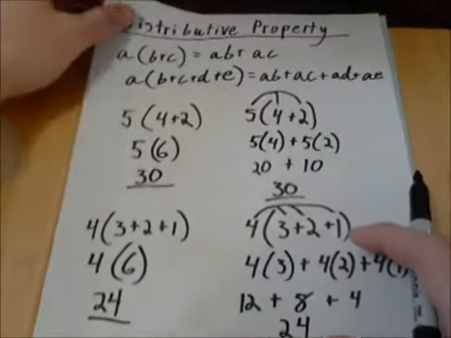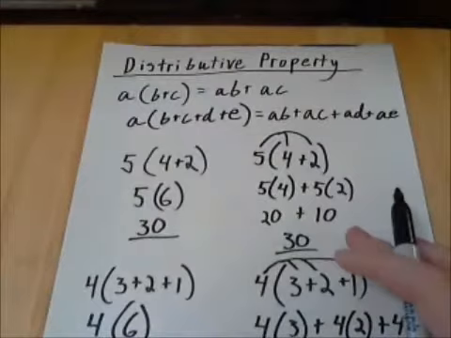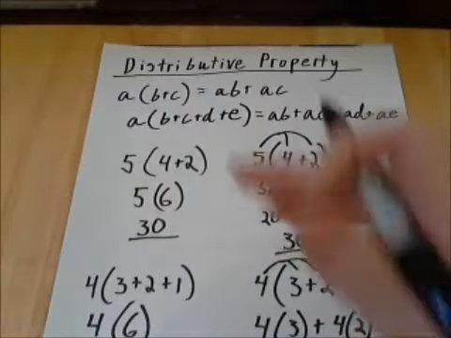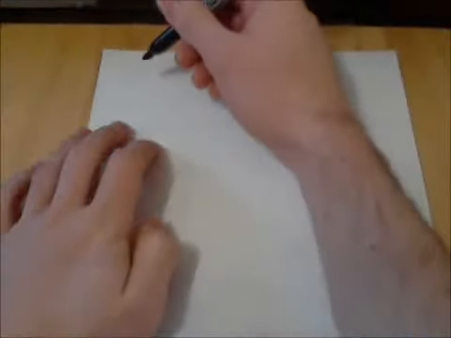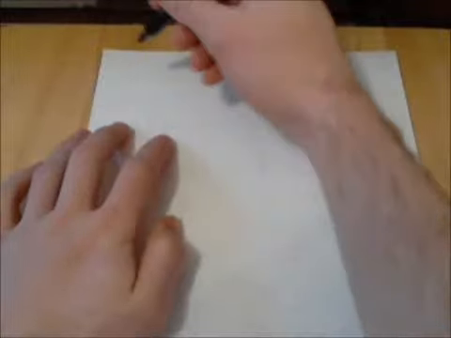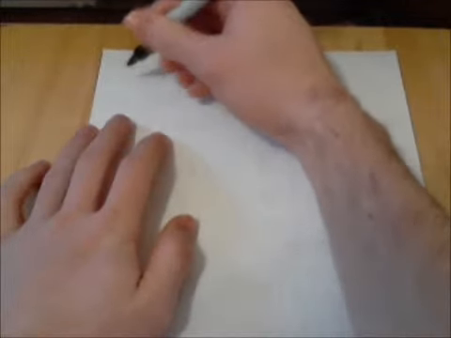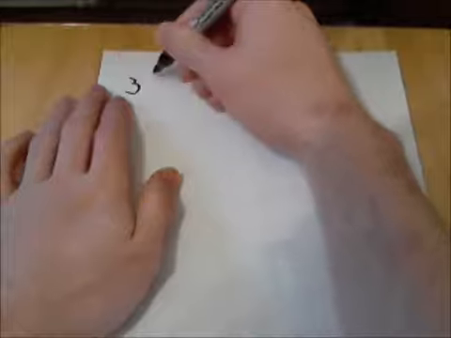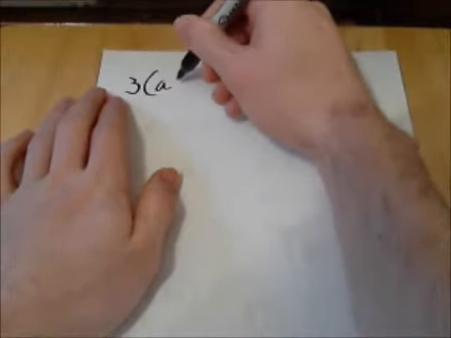So now let's try to get a little bit more tricky here, and go with some variables. Now this is really the reason why we even do the distributive property, because as you just saw, when we only have numbers, it's actually probably easier to just go with what we know how to do anyways and ignore the distributive property. But when we have variables, that's not an option. So let's go with something like 3 times A plus 2.